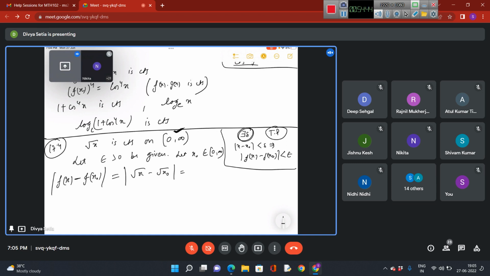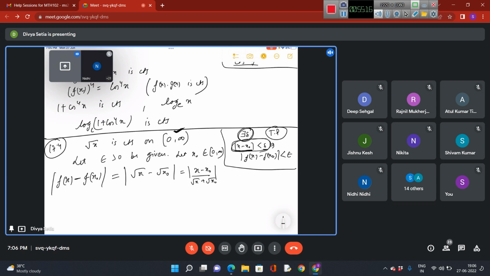Somebody should answer. What should be the next step? Rationalization. Yes, so rationalize it and you will have (x minus x naught) upon (square root x plus square root x naught). Fine, because anyway you want to reach this step so that you can create your delta. Your main goal is to reach x minus x naught somehow.